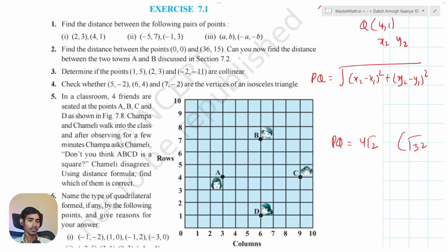Are you done? Yes, I'm done. I got the answer 4 root 2.